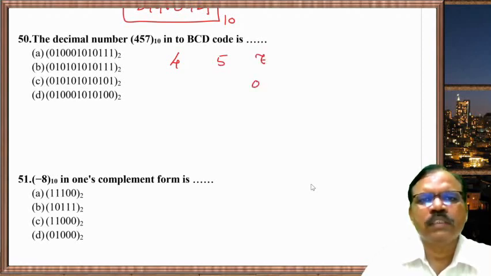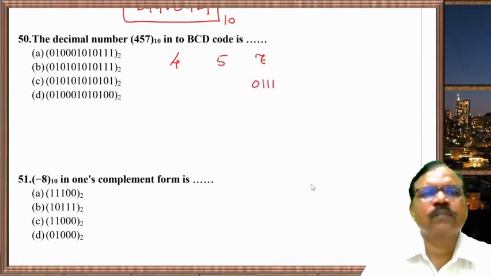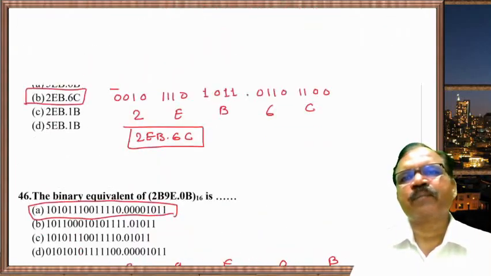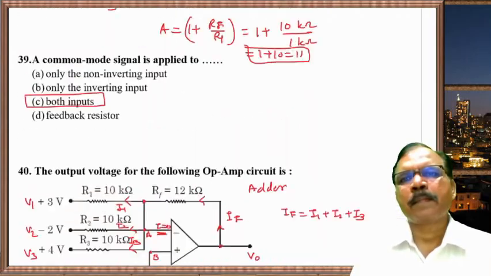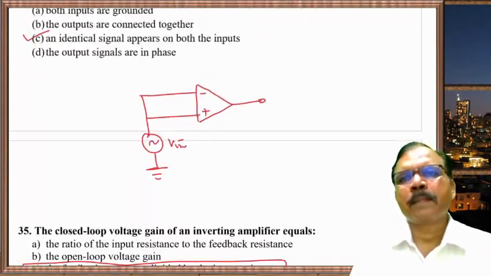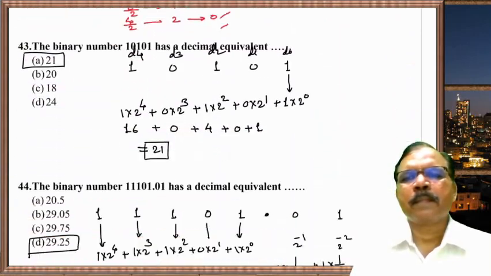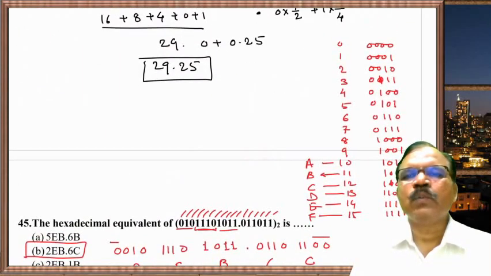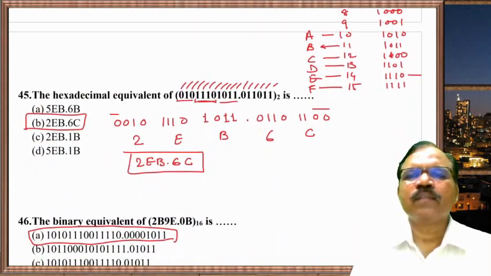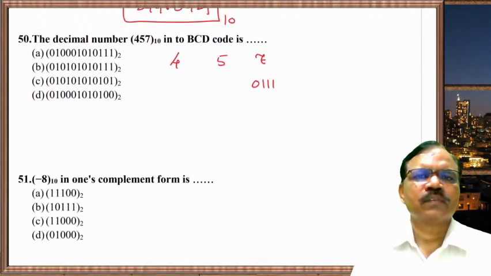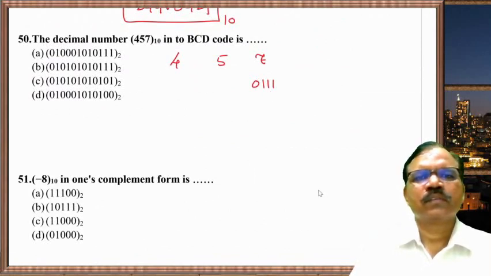So we know this is 0 1 1 1, and for 5 it is 0 1 0 1, and this is 0 1 0 0.